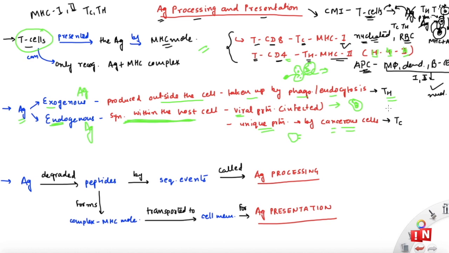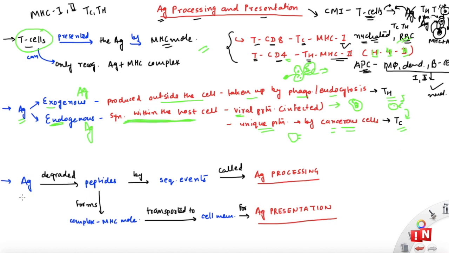So these are the cells that can express, because they all at the end are going to be nucleated cells, except for RBC, we are not talking about it. So any of the nucleated cells, if it encounters any of these problems, because it can express MHC class 1, it is going to be recognized by TC cell.